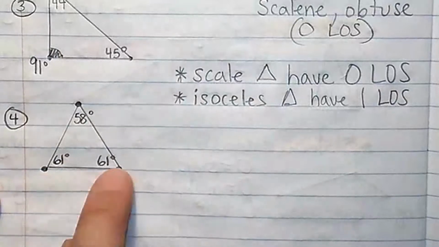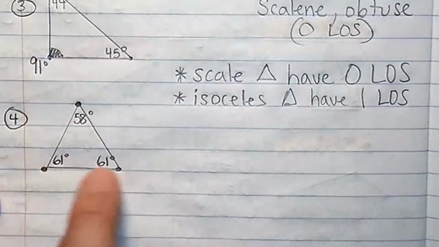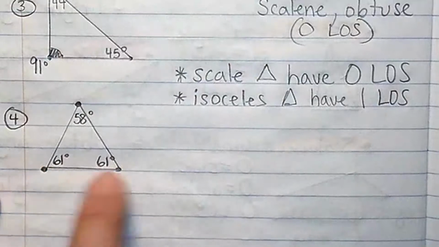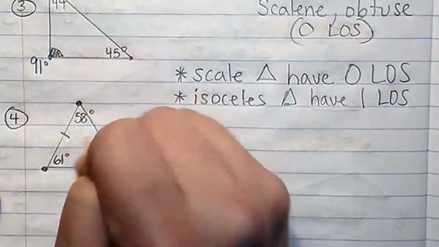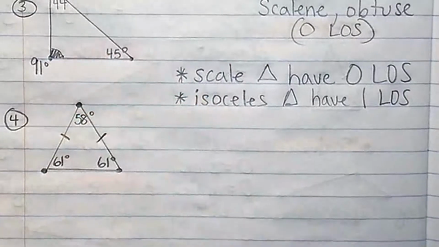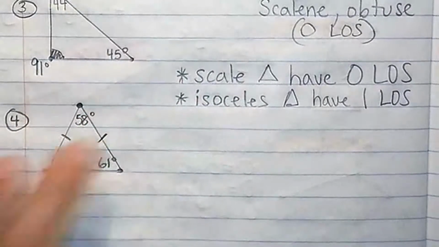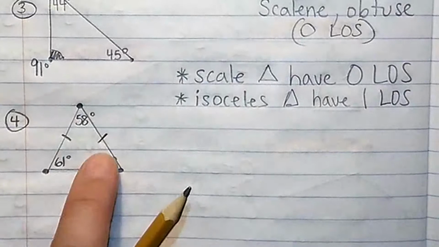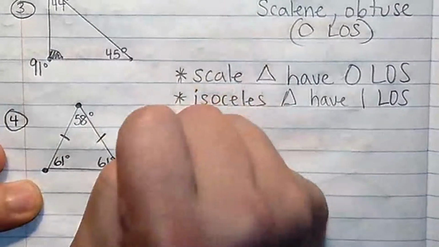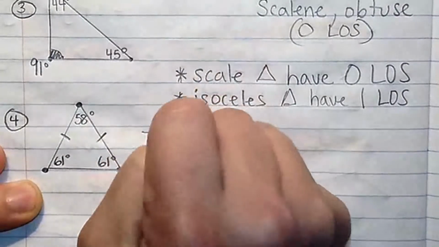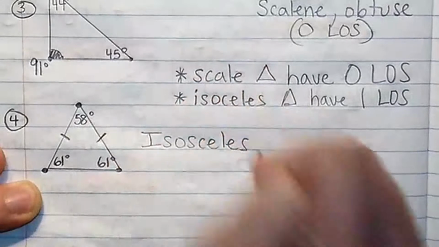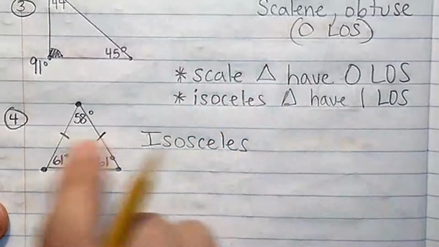Are these angles equal? Yes. So if the angles are equal, then these sides are equal. And if we have two equal sides, two eyes, two sides, what's the name of this triangle? It's isosceles. Good. So this is an isosceles what? Isosceles told us from the sides.